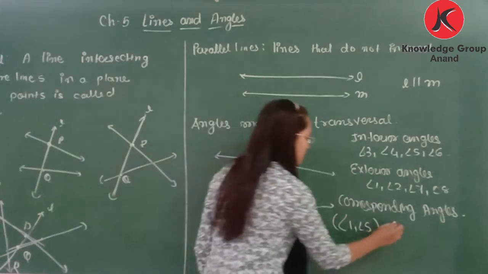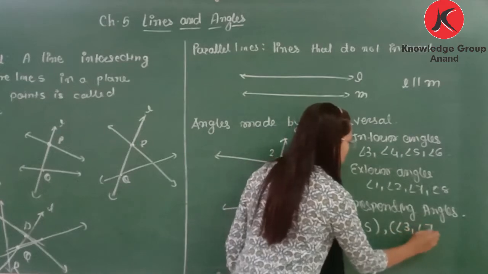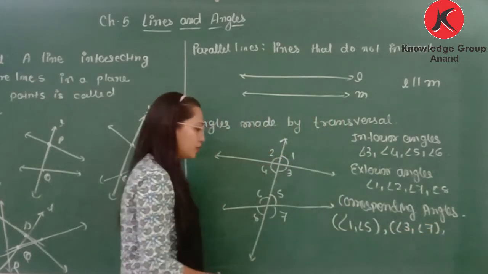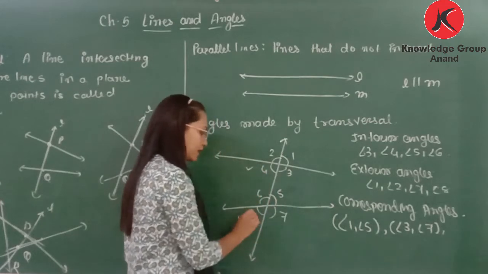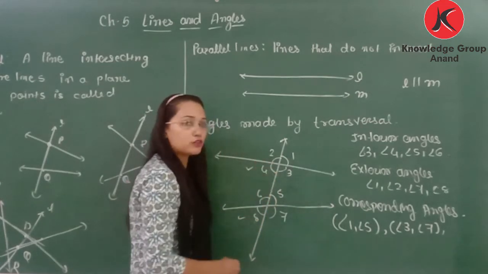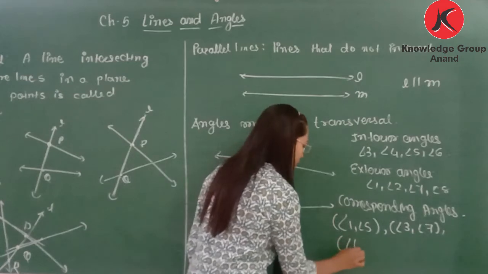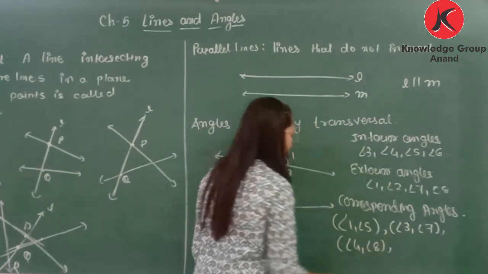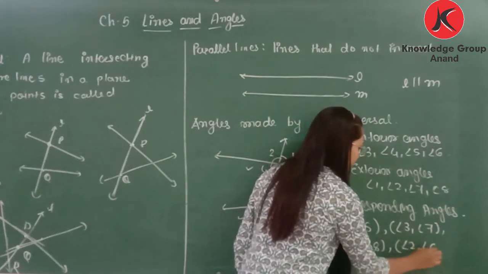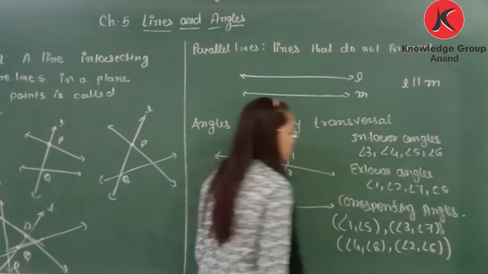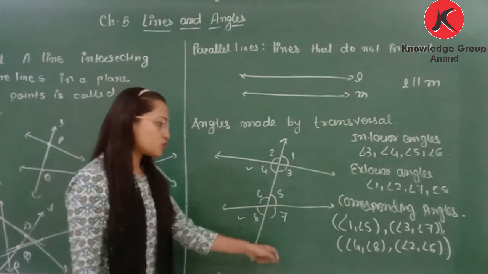Angle 3, angle 7, so that is another pair of corresponding angles. Angle 8 and angle 4. You can see angle 4 and angle 8 are on the downside of both lines. Now angle 2 and angle 6. So these are corresponding angles.